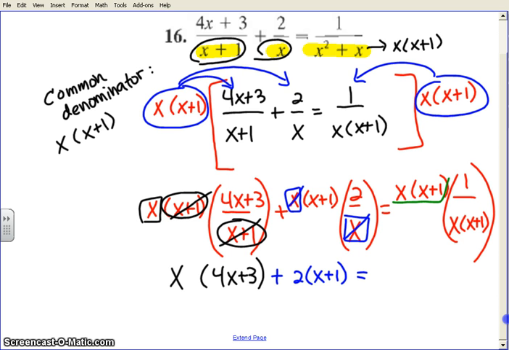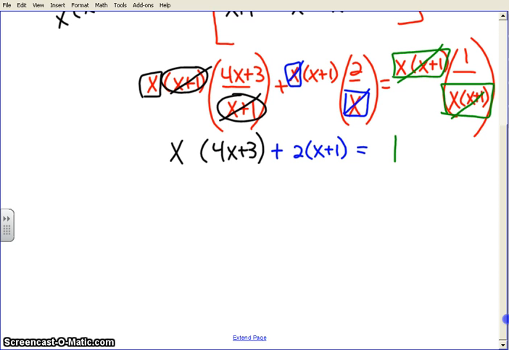And then x times x plus 1 divided by x times x plus 1 cancels out, and I have 1. Now, doing the distributive property, 4x squared plus 3x plus 2x plus 2 is equal to 1.